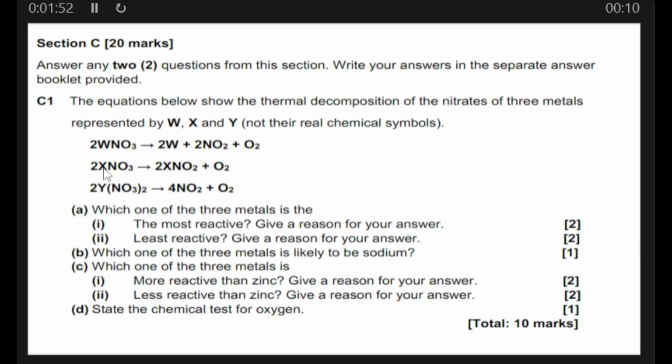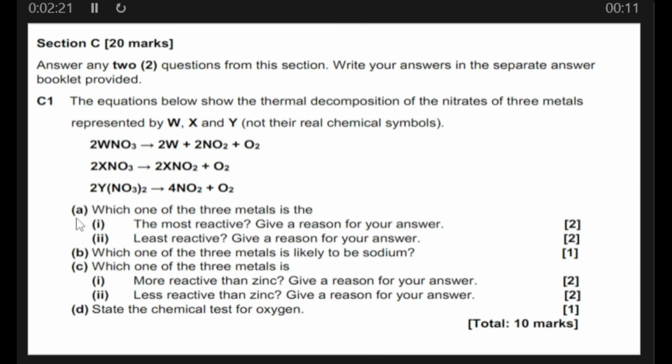Then we have X nitrate being heated, giving us X nitrite plus oxygen gas. Then we have Y nitrate being heated, giving us nitrogen dioxide plus oxygen gas. I can see this last equation to be strange because there's no way we can start with the metal on the reactant side and not have the metal on the product side. So I consider this one as an error on the examiner's part.